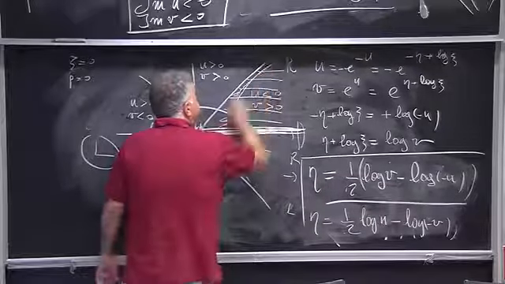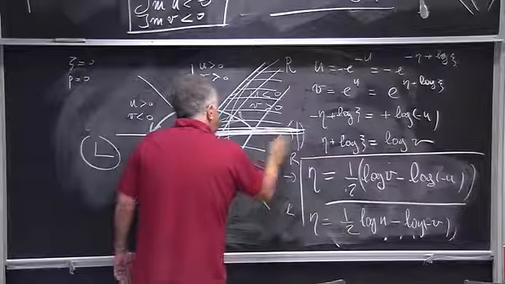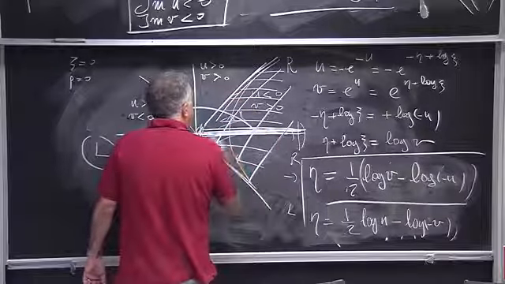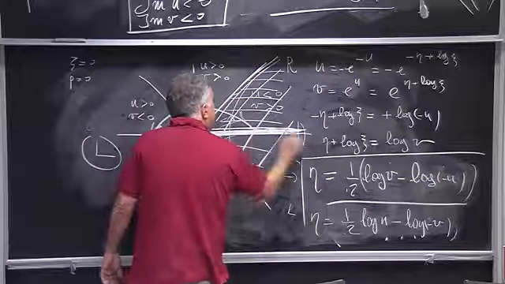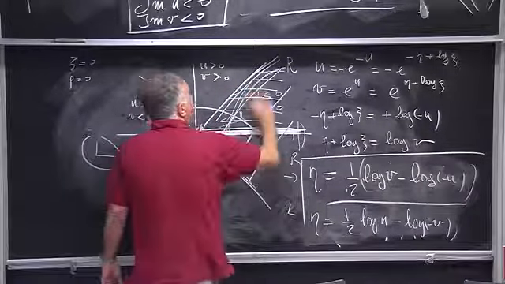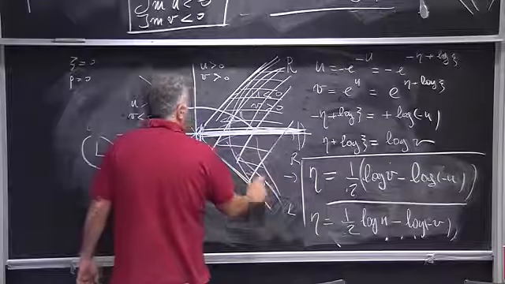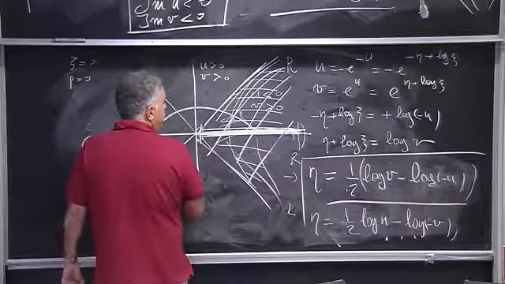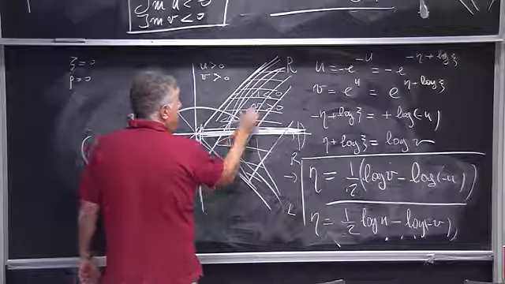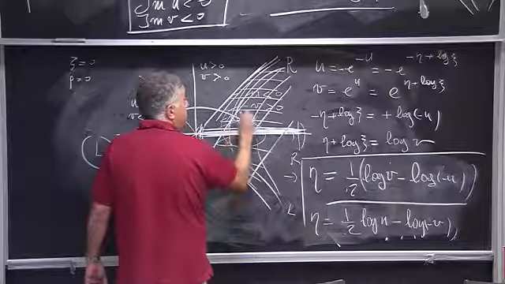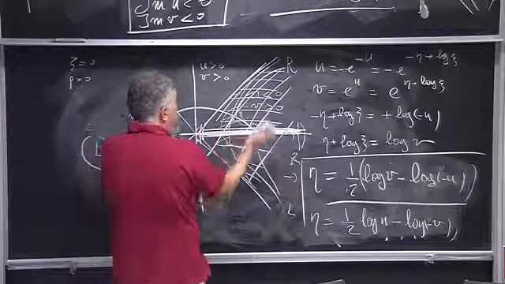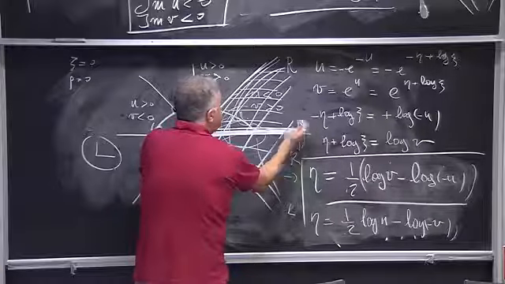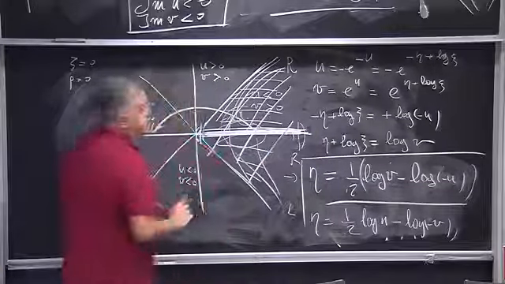So this wedge is a globally hyperbolic manifold in itself. If you give Cauchy data on this surface, you determine the solution here. You cannot determine the solution here uniquely, but you determine the solution here. Okay, so you can do quantum field theory in this wedge just using this.